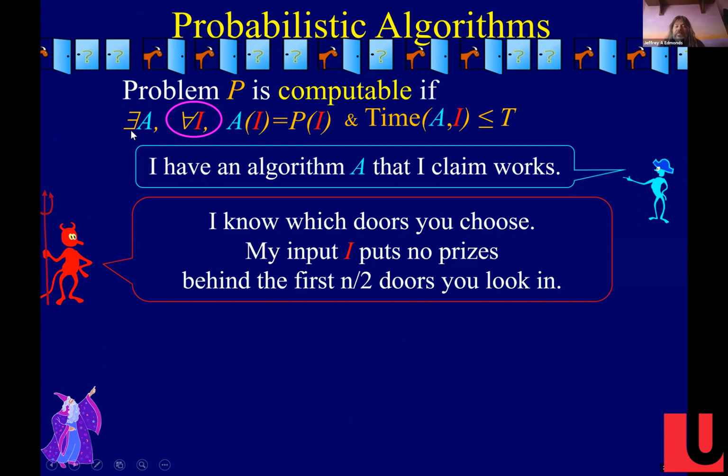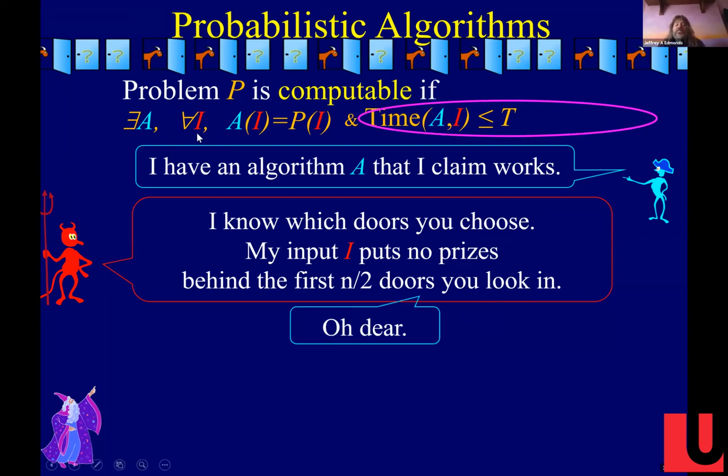It's really an evil adversary. He knows which doors you're going to look at first, and he puts goats behind them all. So the running time is half the doors. Everybody understood that? And that doesn't seem fair.